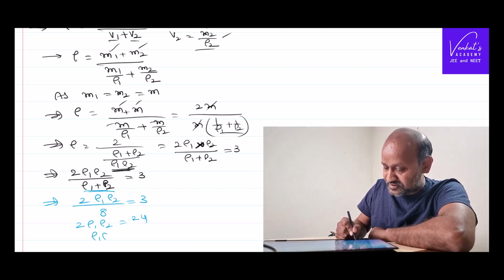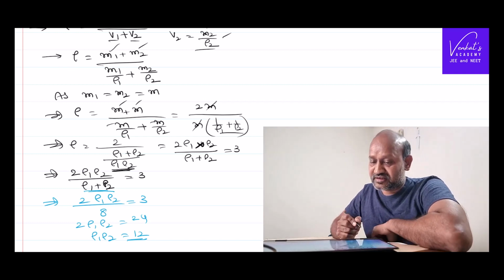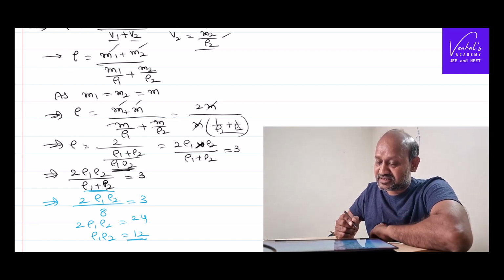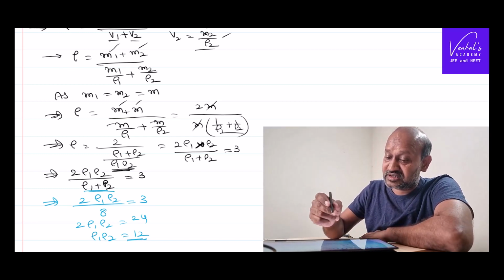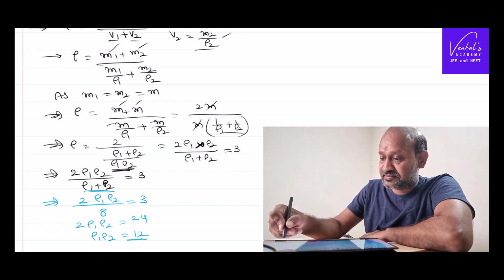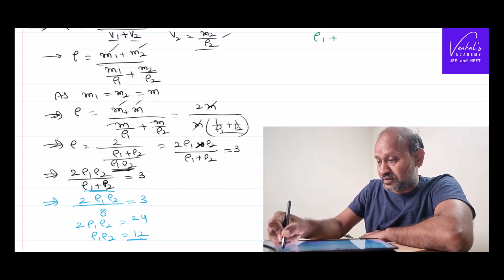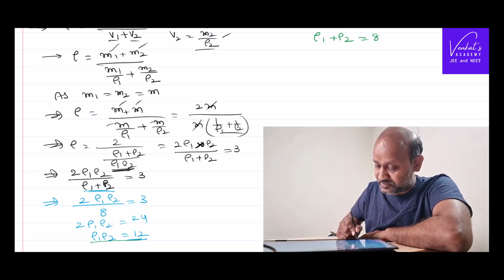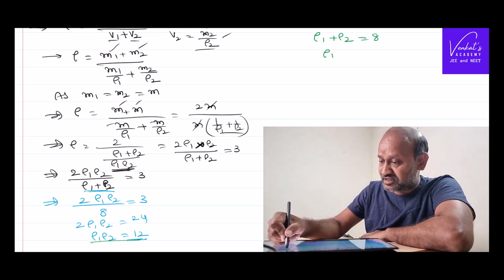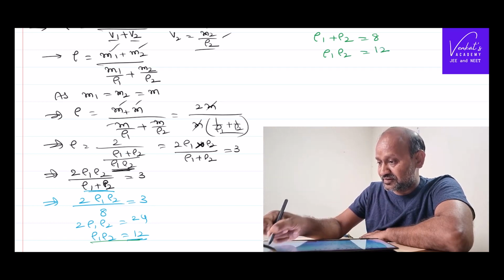That implies rho 1 rho 2 equal to 12. So here we have two conditions left. What are the conditions? Rho 1 plus rho 2 is 8 based on the first part of the problem. Based on the second part of the problem, rho 1 into rho 2 is equal to 12.